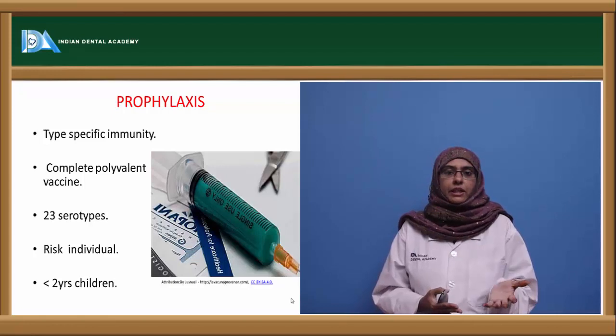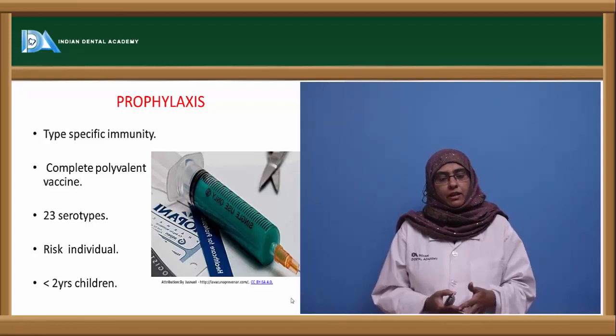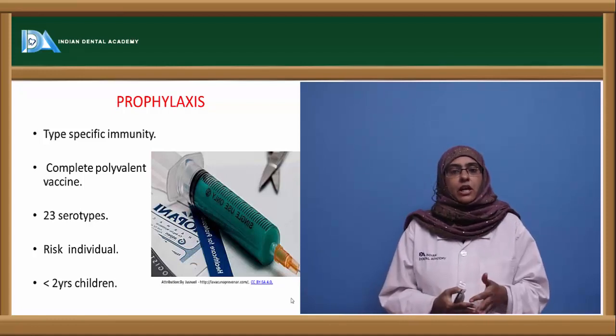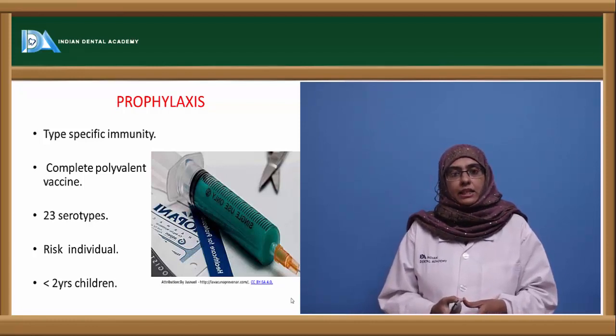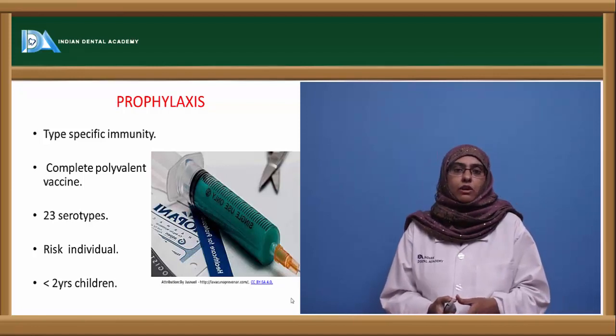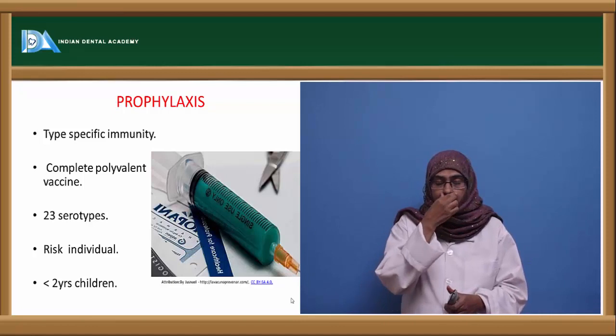difficulty in protecting against 90 different serotypes of this organism. This polyvalent vaccine can protect against 23 serotypes, thereby giving protection of up to 80 to 90% against this pneumococcal disease. And this vaccination can be given only to the at-risk individual. It cannot be given to any person, but only to the at-risk individual. Now, what type of at-risk individual do we have?